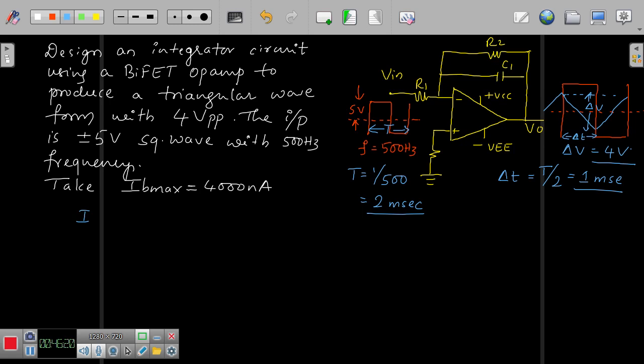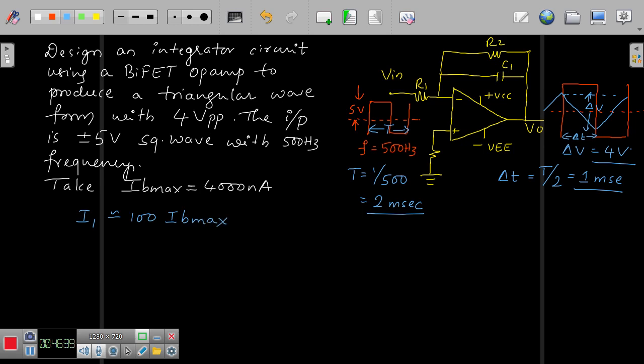See now, all of you listen to me very carefully. There is one very important point to be noted here in this problem. Now for bi-FET op amp, even though we have said that we take I1 is 100 times IB max, we can calculate, right?